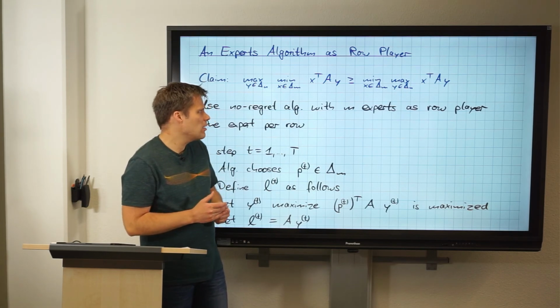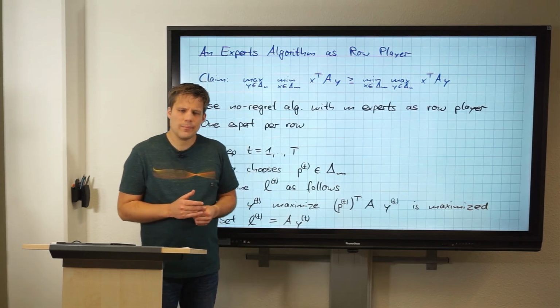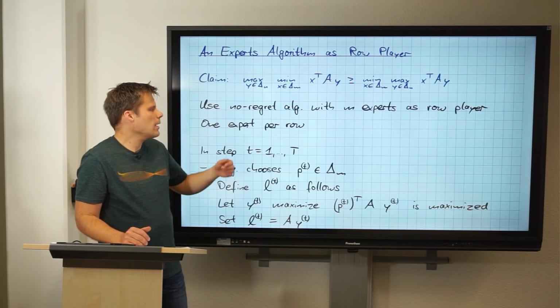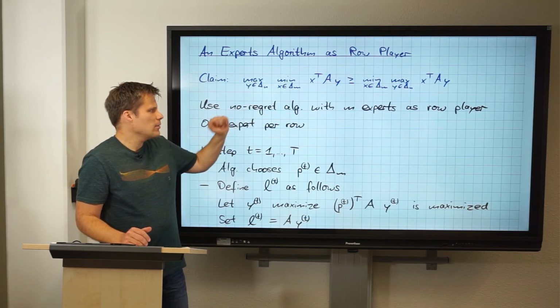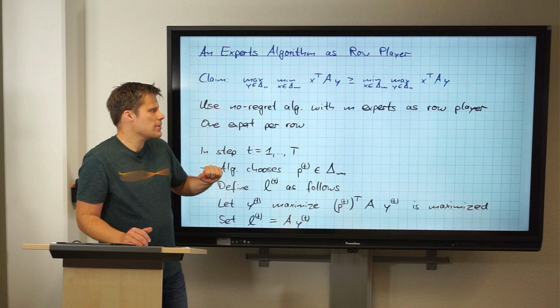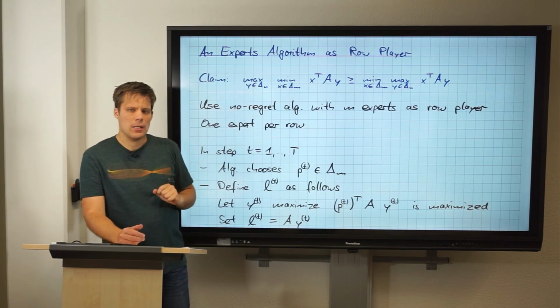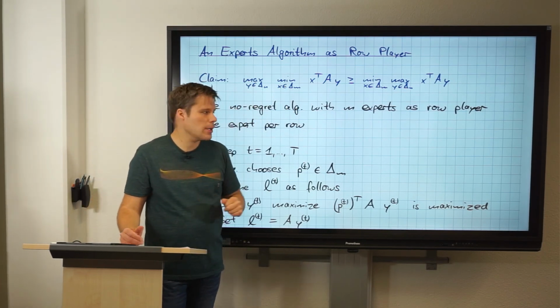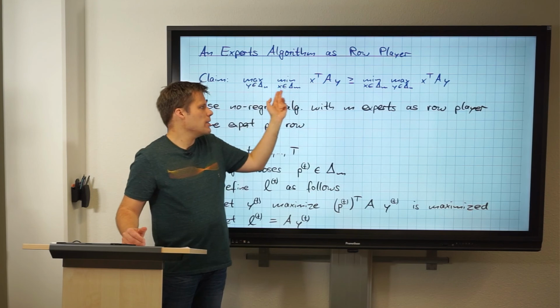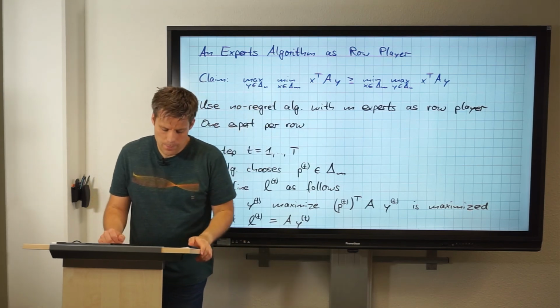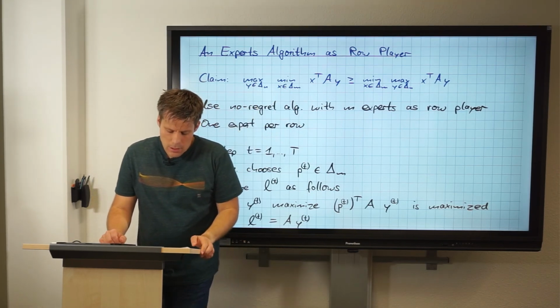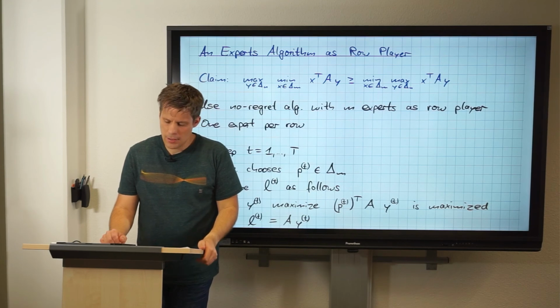But then, on the other hand, our choice is smart enough so that we can compare what we are getting, speaking now as the row player, to this thing that we have here. Good.